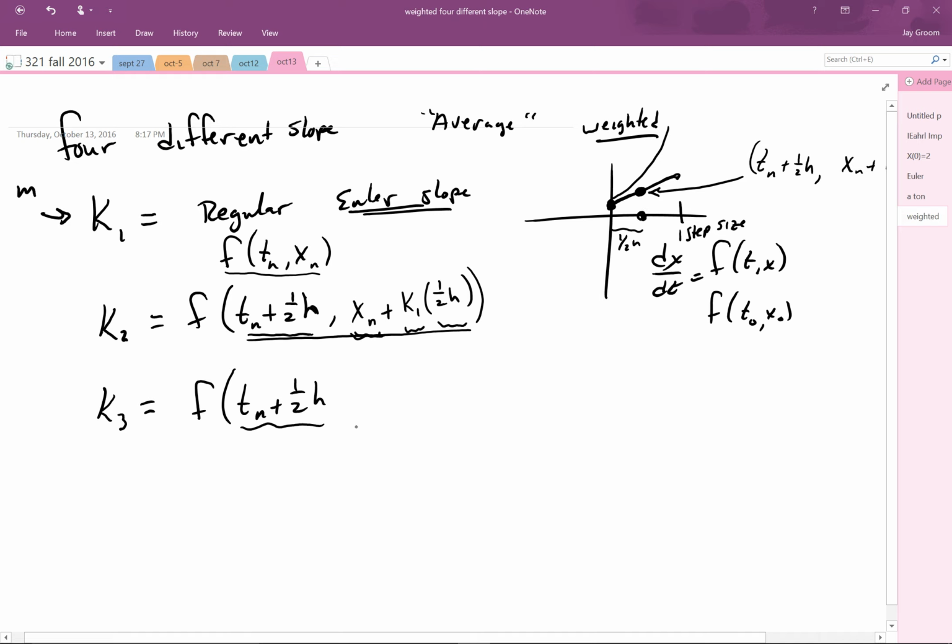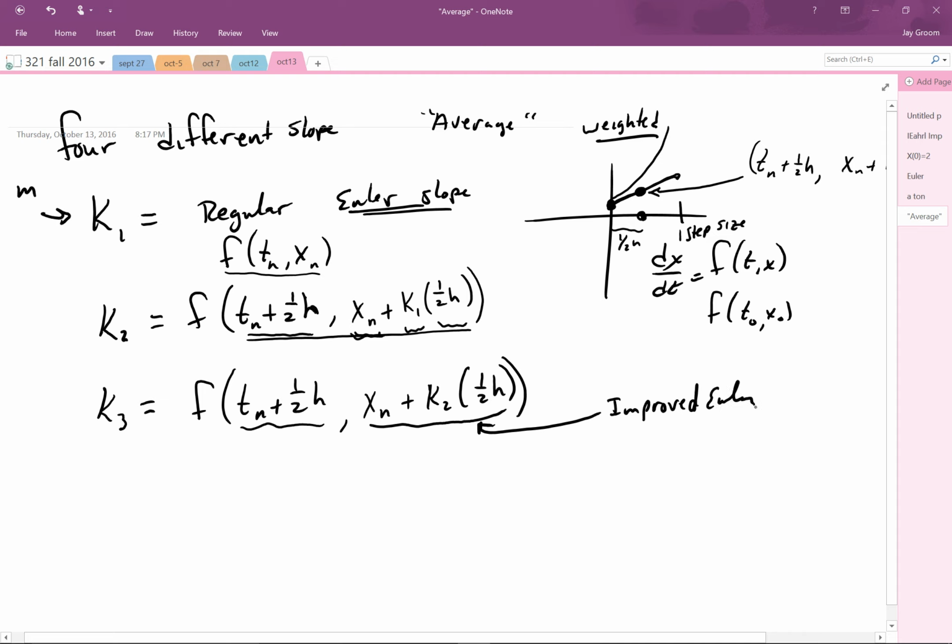Okay? But here's where it's pretty cool, because now what we're going to say is we're going to go like this. And this portion right here is basically the improved Euler estimate, like we just did.